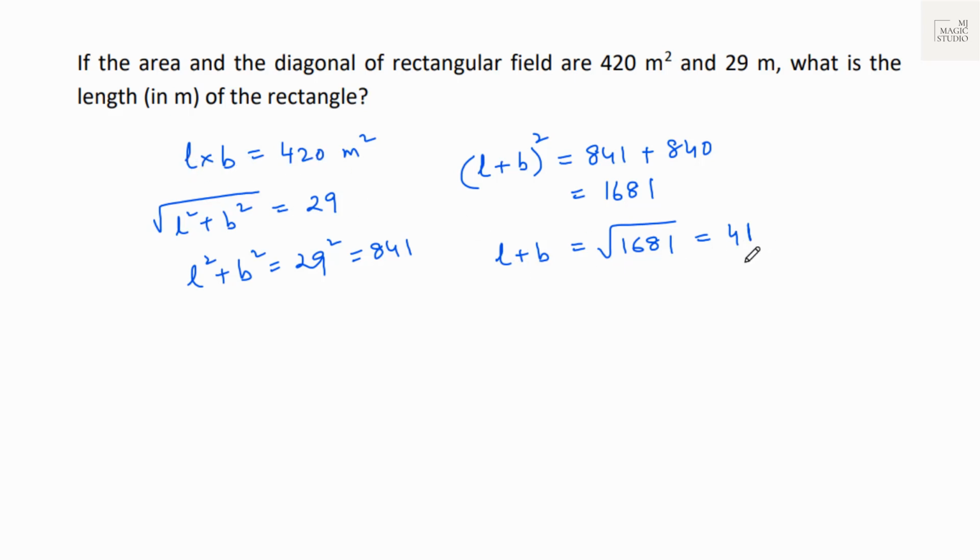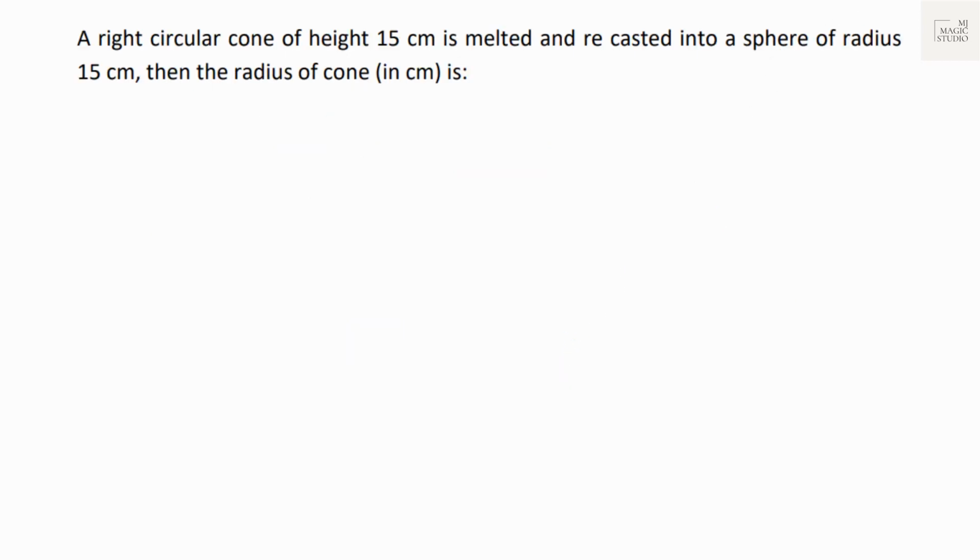Now we can see L into B is 420, L plus B is 41. Either we can crack it out as 21 and 20. We can see that 21 into 20 is 420. So L is 21. Or else solve L plus B equals 41 and LB equals 420, frame a quadratic equation and solve it. Or simply if it can be broken up, then directly you can write. Please write answer 21 and not 20 because the basic assumption is length is greater than breadth.